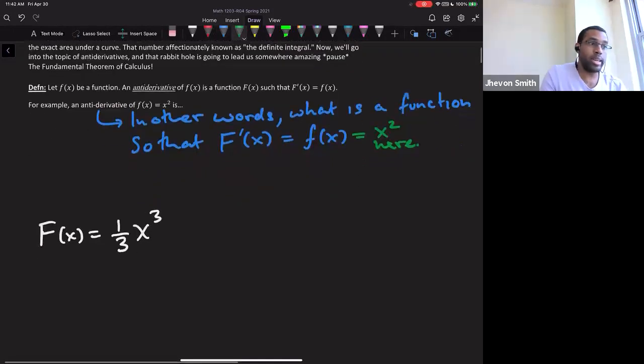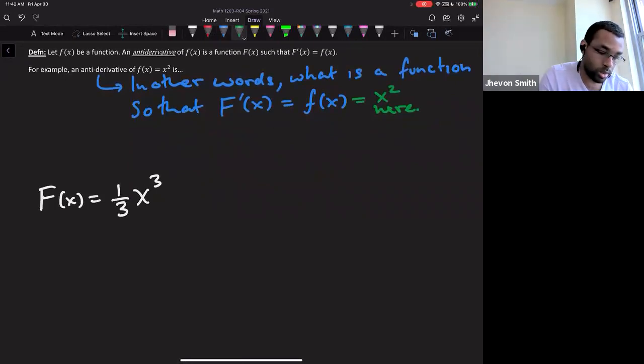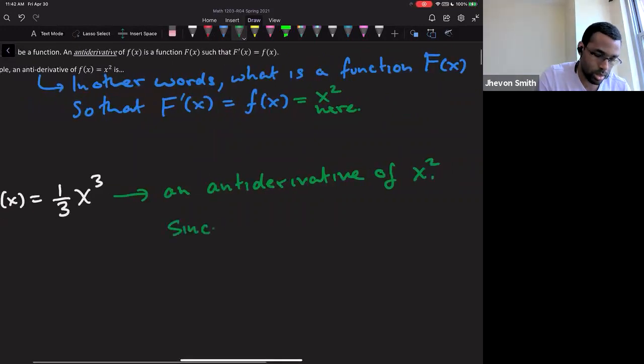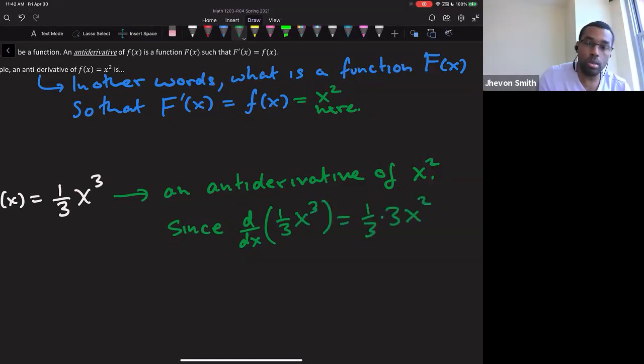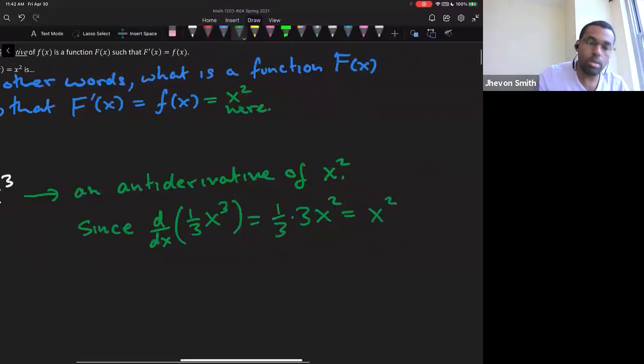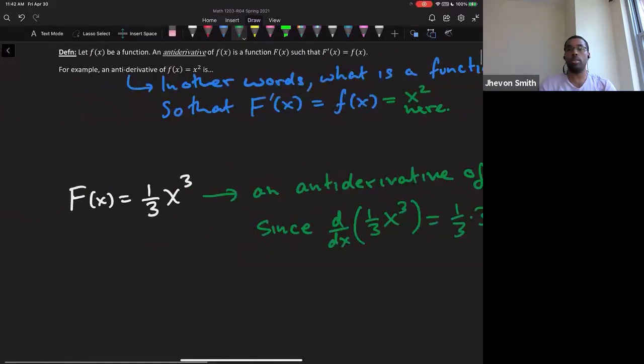Okay. Now this guy does work. This is an antiderivative of x squared. And how do I know it's an antiderivative of x squared? Since if I were to differentiate this guy, the result would be 1/3 times 3x to the 2, which is x squared. So that is an antiderivative of x squared.